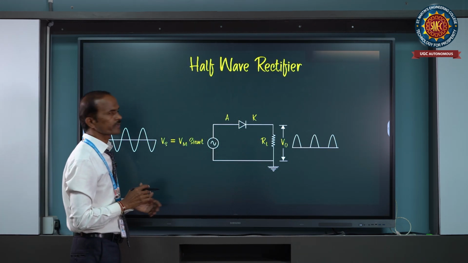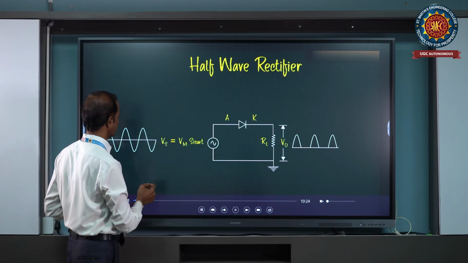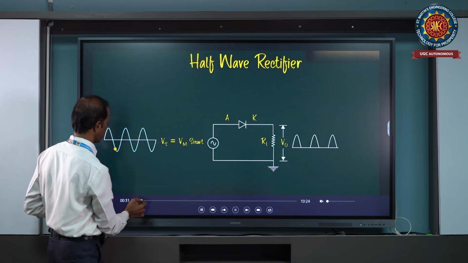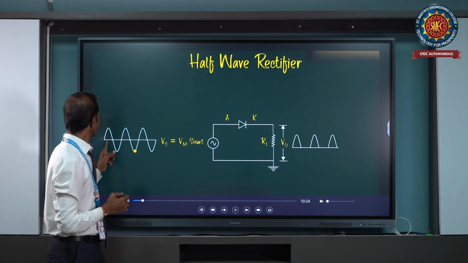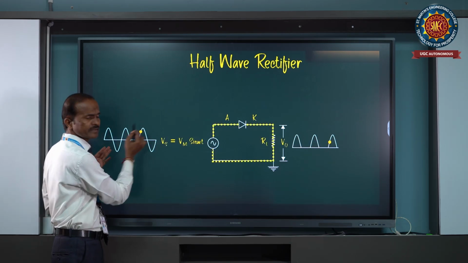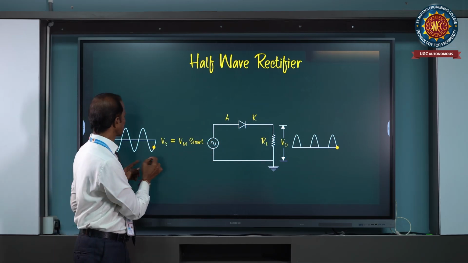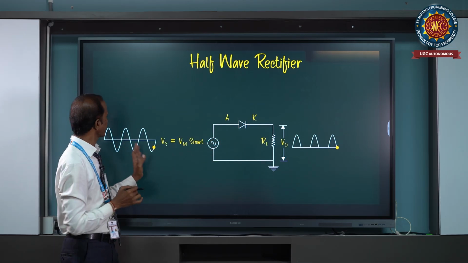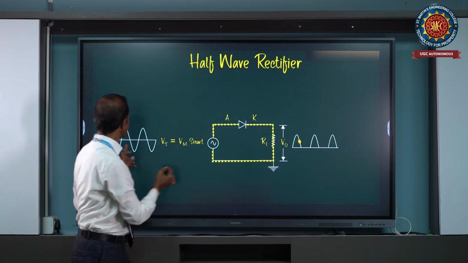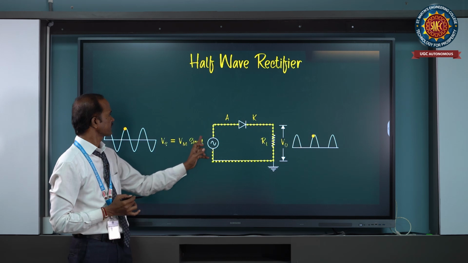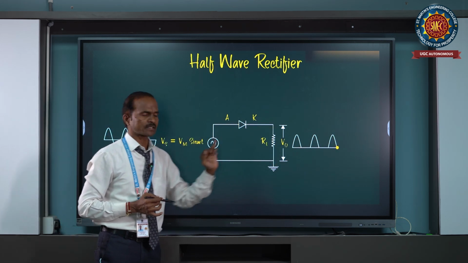Now this is the half wave rectifier. See here, this is the animation. So during the first half cycle, what is happening here? During the positive first half cycle of the input signal, the current starts flowing through the diode, then voltage is dropping across it.